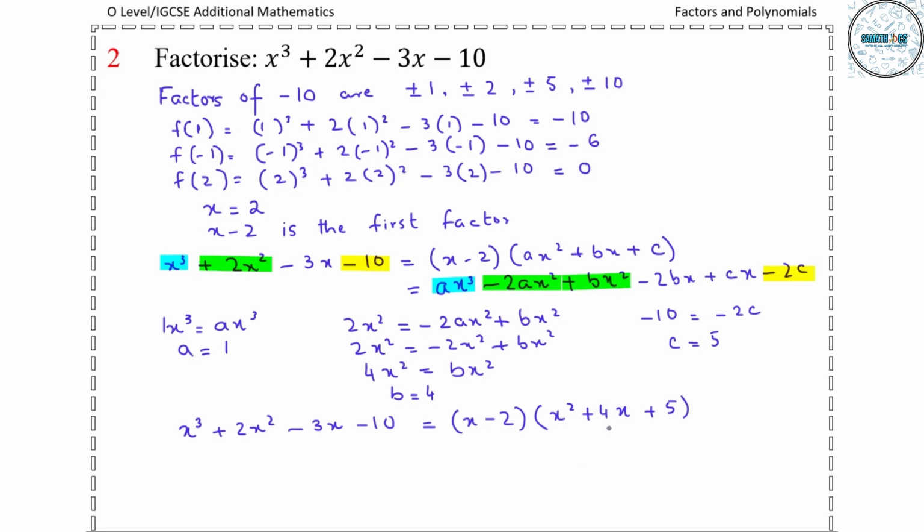Then we have to factorize this x square plus 4x plus 5. But in this case, this cannot be factorized further. So this can only be factorized to linear and a quadratic factor.